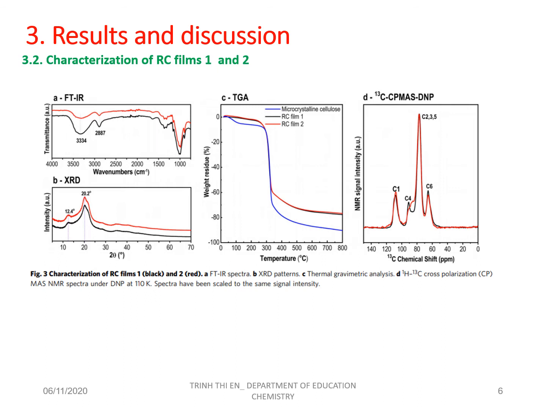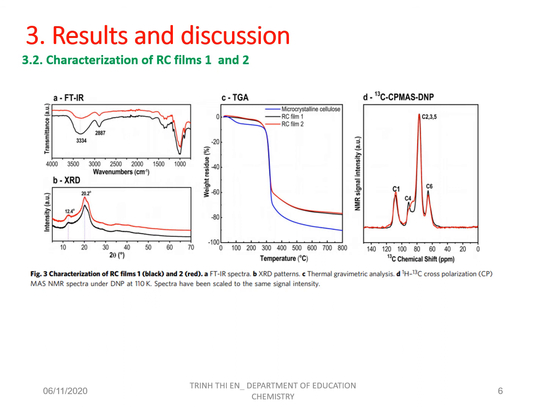In the graphs, FTIR shows no change in structure for regenerated cellulose film 1 and film 2, which I explained before, compared with the crystalline cellulose.